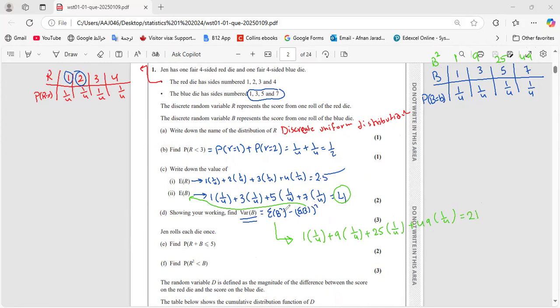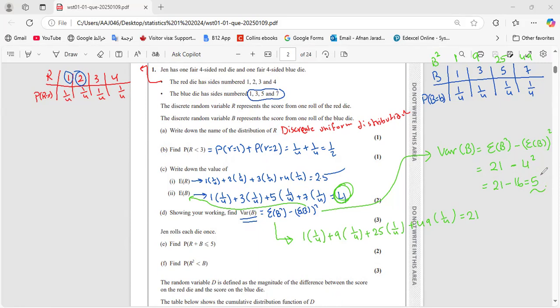The variance of B equals the expected value of B squared minus the square of the expected value of B, which is 21 minus 4 squared, so 21 minus 16, which equals 5. Okay?